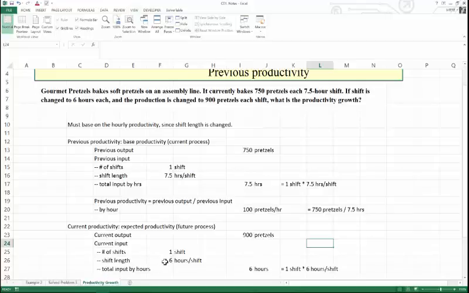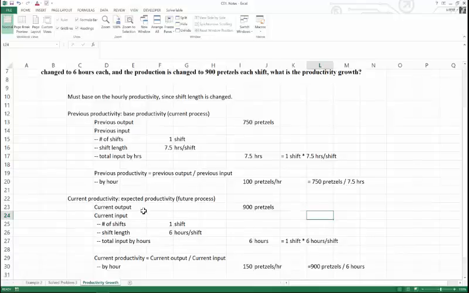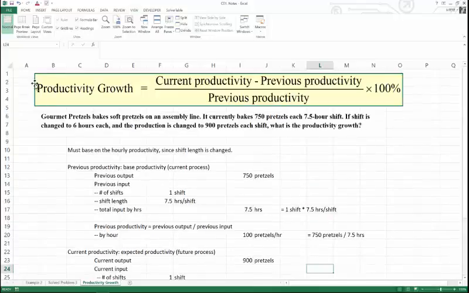Shift length is shortened to 6 hours per shift, so the total input by hour is 6 hours. Now we can use current output divided by current input. So 900 pretzels divided by 6 hours gives us 150 pretzels per hour. Now with the previous productivity and the current productivity ready, we can calculate the productivity growth.